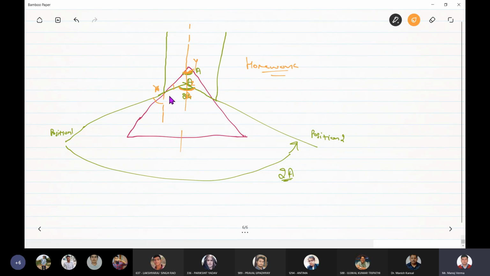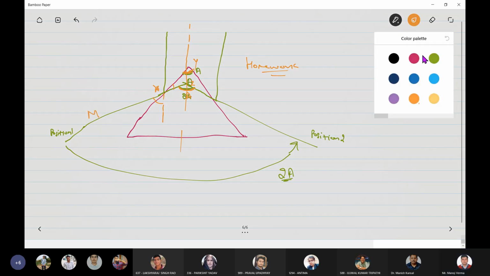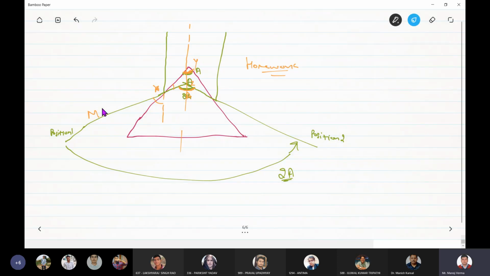So after all the considerations you can do anything, but in the last you have to prove, let's say this is M, this is O, this is N. You have to prove that angle MON is twice the angle of prism.